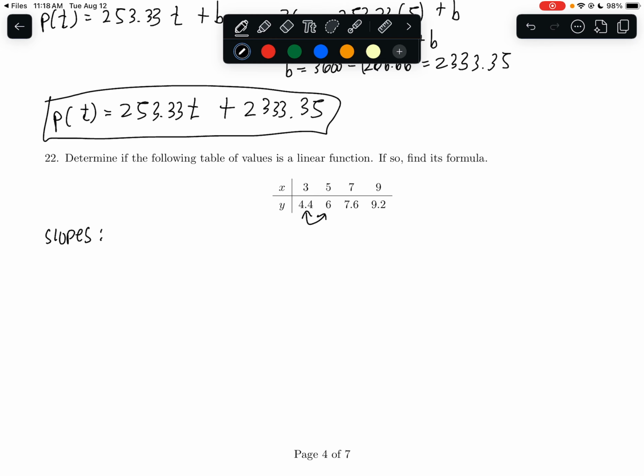So the slope between these 2 points would be 6 minus 4.4 over 5 minus 3, right? Change in y over change in x. And this gives us 1.6 over 2, and so I get 0.8.